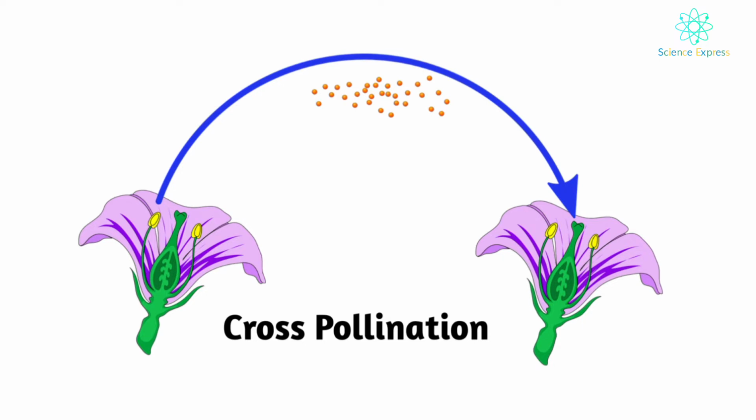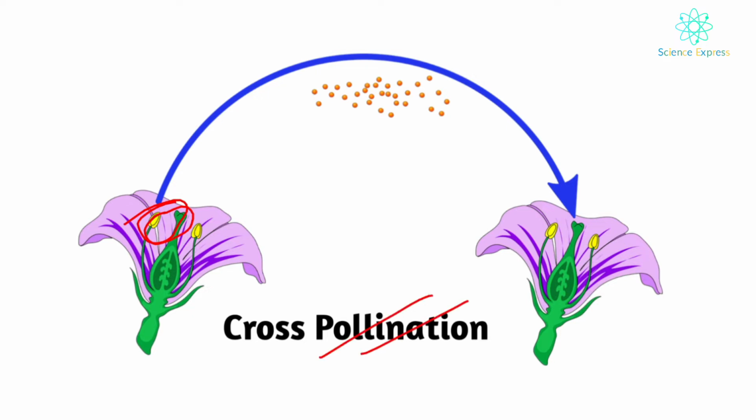Now here we can see in cross pollination both flowers are genetically different. The anther produces pollen grains, and they are transferred to another flower, but they are genetically dissimilar. Clear? That process is called cross pollination.